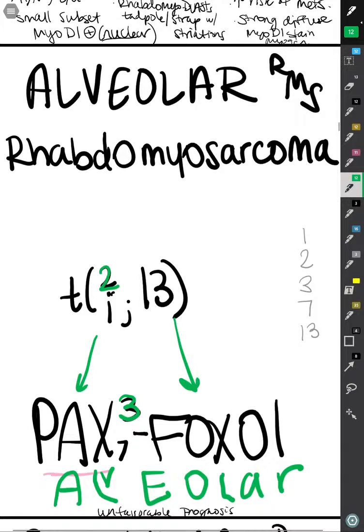So that's how I remember PAX and FOXO1, is just because that's what it looks like. So in an answer choice, I can pick that because it just jogs my memory.